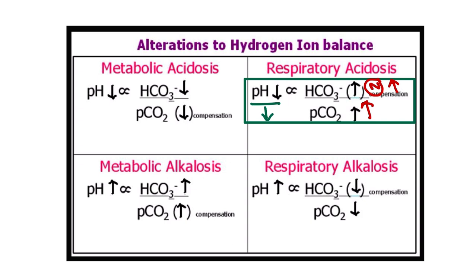So the changes in respiratory acidosis: first of all, pH is reduced, and the partial pressure of carbon dioxide, which is related to the lungs, increases. Bicarbonate is initially normal, but if compensation occurs, then it will increase. The partial pressure of carbon dioxide increases when pH decreases, because in respiratory cases, pH and the other parameter go in opposite directions.